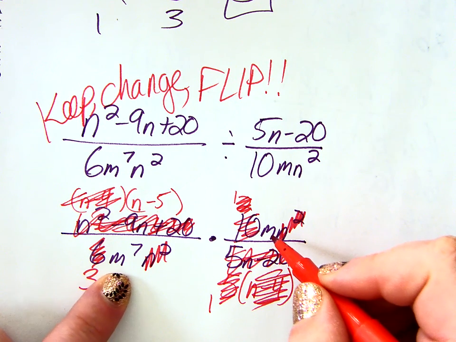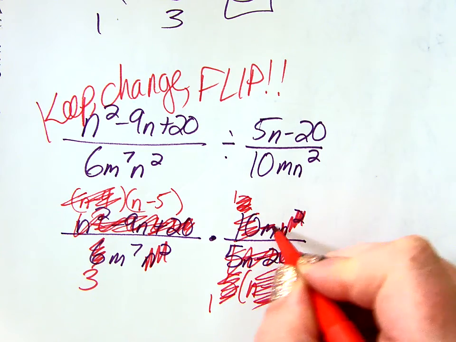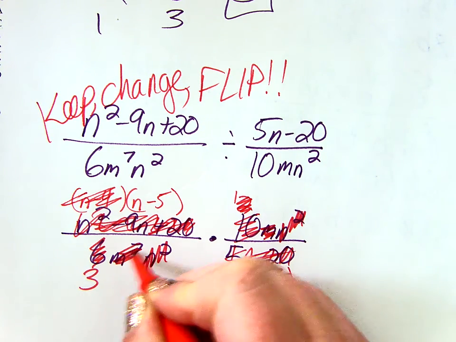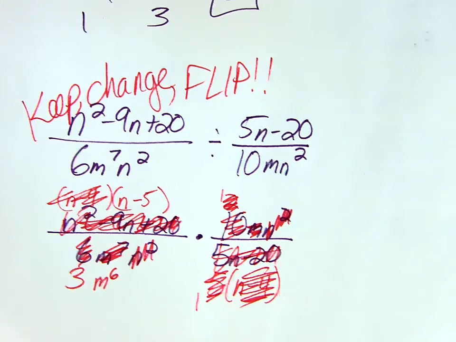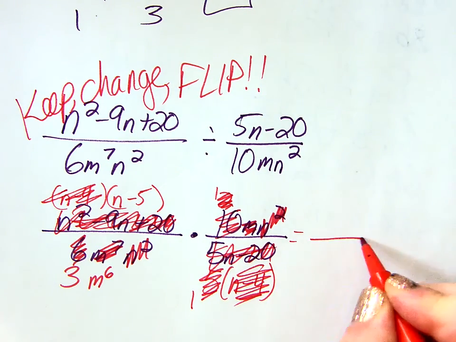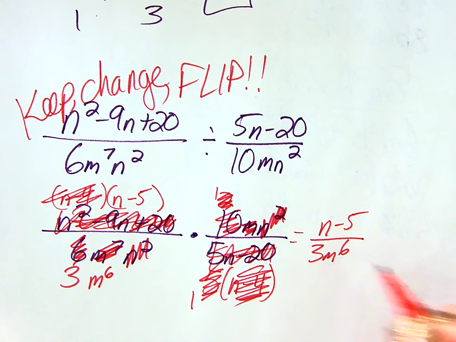What will I be left with? M to the 6th. Is there any more? I don't think so. I think we are finally done. So what do I have left? I have n minus 5 up top, and I have 3m to the 6th on the bottom.